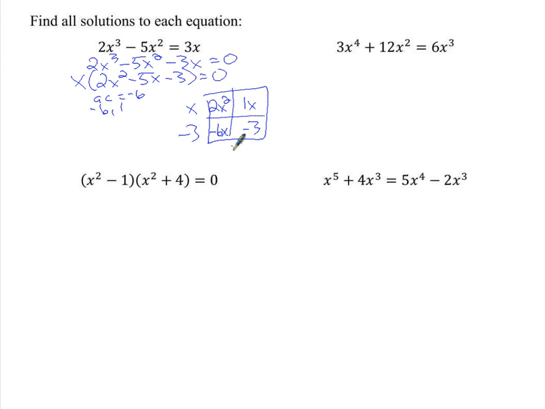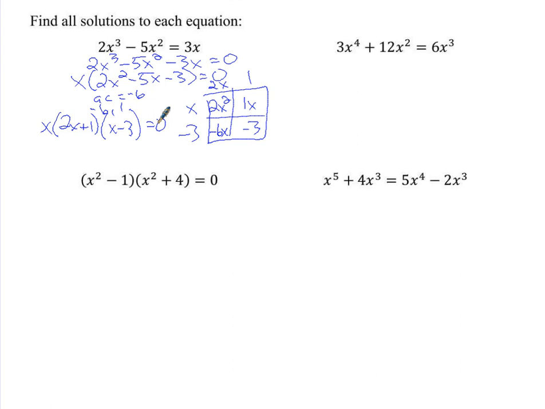For my first column, it's going to be +2x. For my last column, it's going to be just 1. So now it's factored. I have x times the 2x plus 1 times the x minus 3 equals 0.